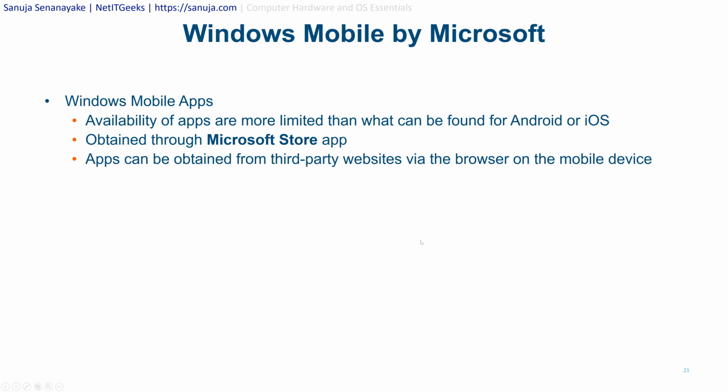Windows Mobile apps, the availability of apps is more limited than what can be found on Android and iOS, especially in 2022. Basically, the Microsoft Store apps are very limited, as Windows Mobile has now been phased out of use. But how you obtain those apps is through the Microsoft Store app.